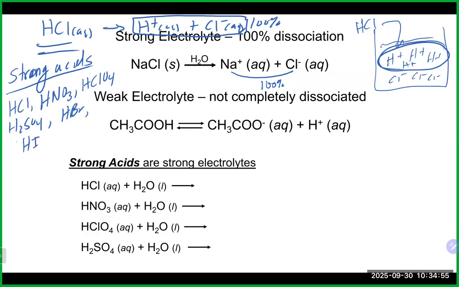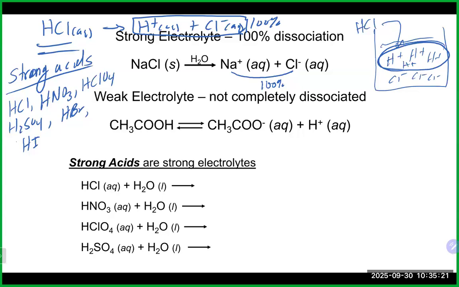This list of 6 strong acids is good to know, because based on process of elimination, if it's not one of those 6, it's probably going to be a weak acid. So it's a little bit easier just to know the 6. And then if it's not one of the 6, it's most likely a weak acid. So hydrochloric acid, nitric, perchloric, sulfuric, hydrobromic acid, and hydroiodic acid.